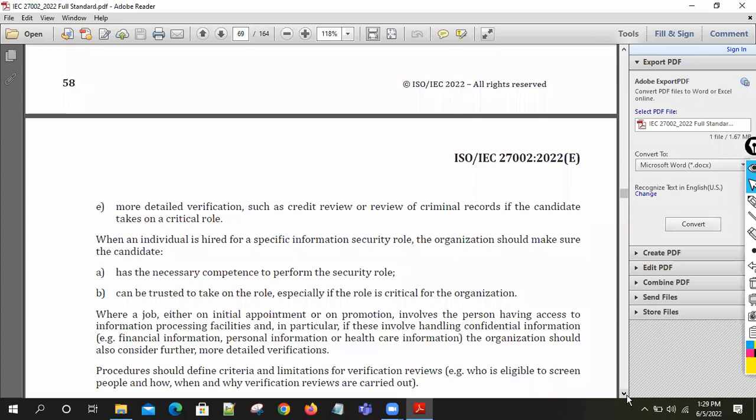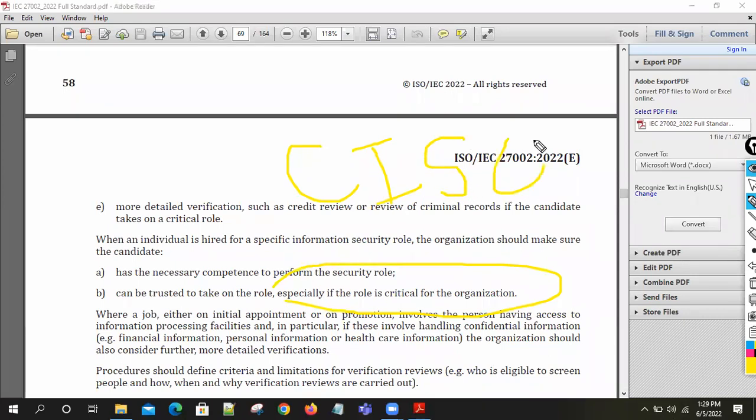Can be trusted to take on the role, especially if the role is critical for the organization. Suppose you are being hired as a chief information security officer, a CISO. In that case, you will be accessing all the critical information of the organization. Then your background verification has to be very stringent.